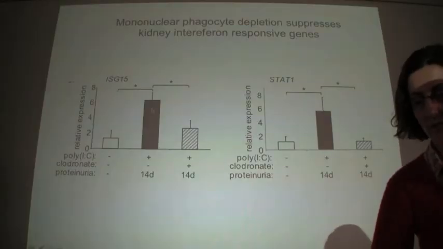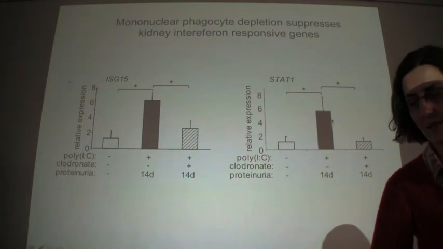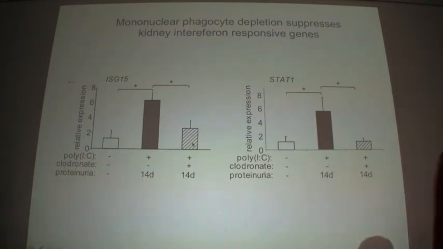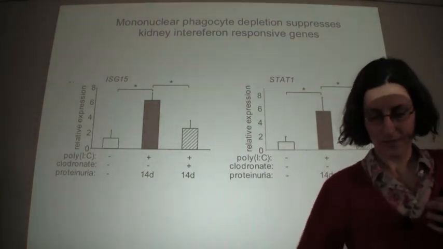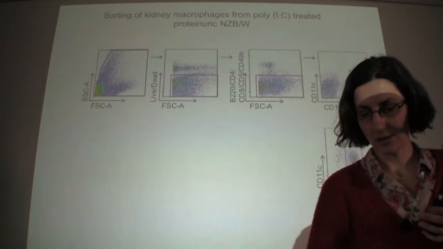And those, interestingly enough, don't go up early, they go up only when you have proteinuria. So when you give poly(I:C), you have an increase here in ISG15 and STAT1. And when you take the macrophages out, although the mice still had proteinuria, there were no type 1 interferon responsive genes detectable. So that seems like a lupus-specific inflammation response that's improved.